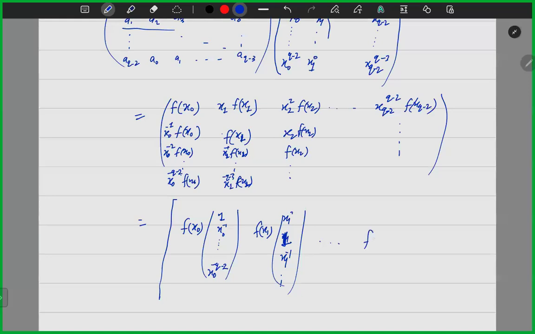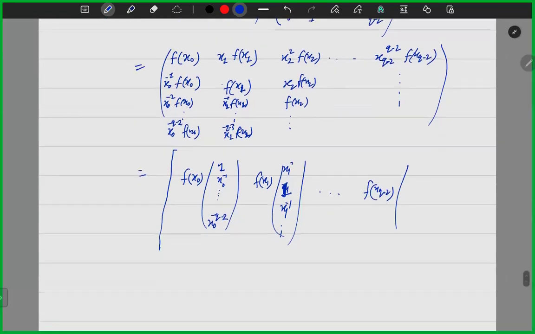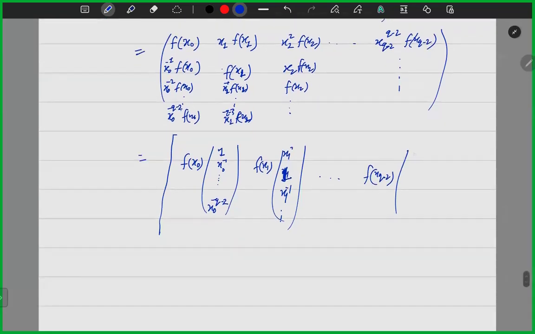Then and so on. In the last you have F(X(Q-2)), with X(Q-2) powers and so on. These are your columns.